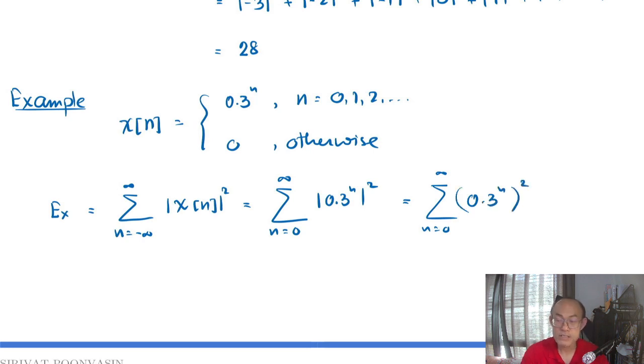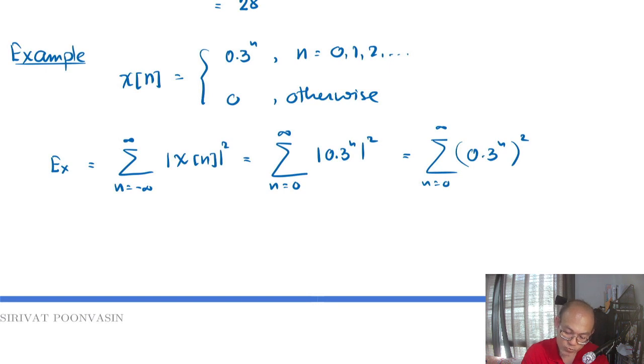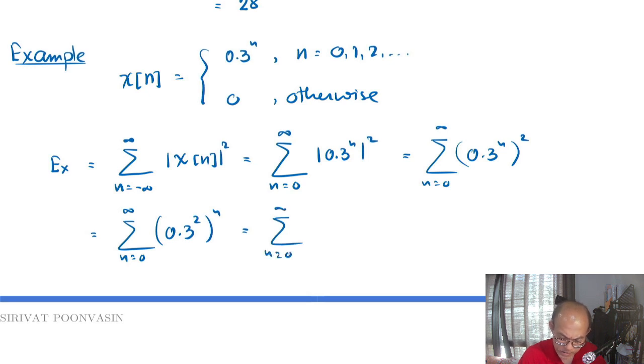Now I know that I can swap the 2 and n to get 0.3 squared to the n. Now 0.3 squared is 0.09, to the n.